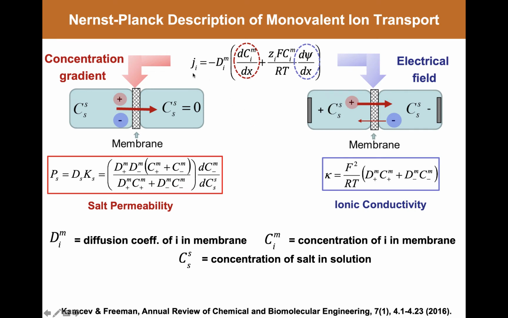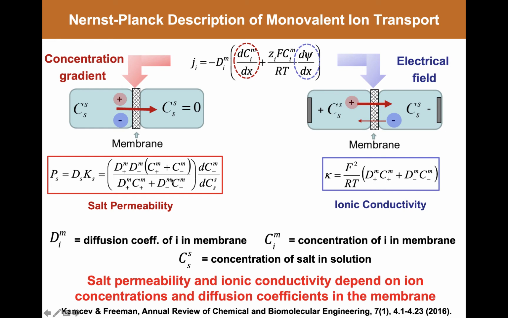And so it makes sense that the flux of ions is driven by a gradient in electrochemical potential, which includes both concentration gradients and the possibility of electric field driven transport. And so from this fundamental picture, we can describe both of these experiments. And the main point here is that both permeability and conductivity depend on ion concentrations and diffusion coefficients in the membrane.